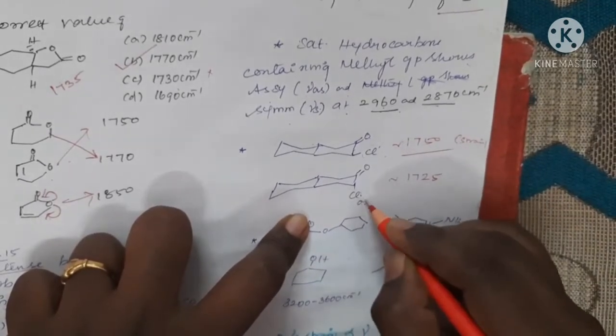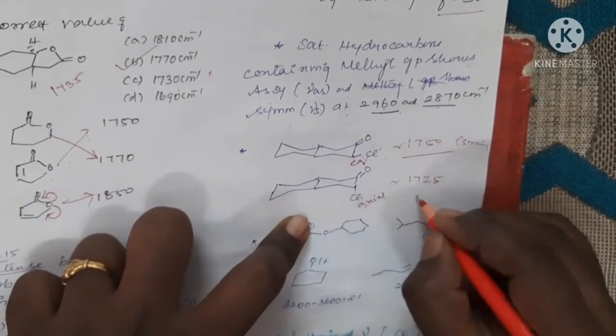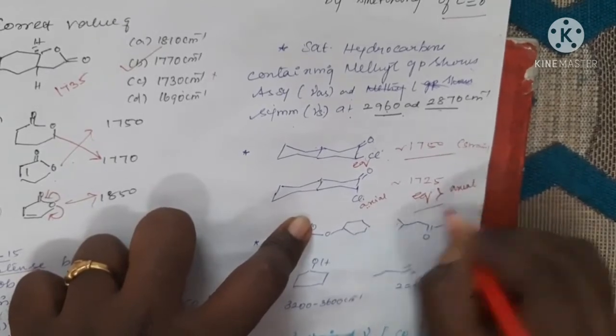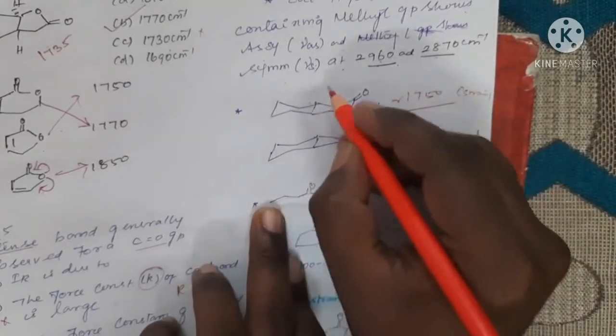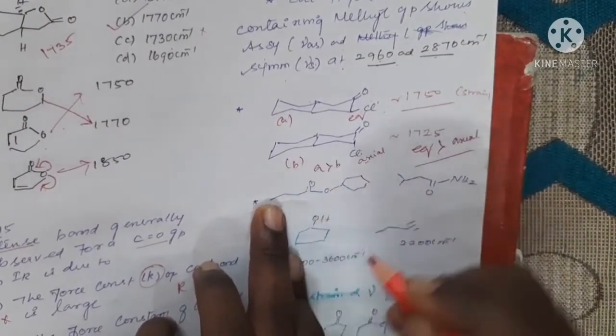This one is in the equatorial position, so the equatorial value is higher than axial. So A is higher than B.